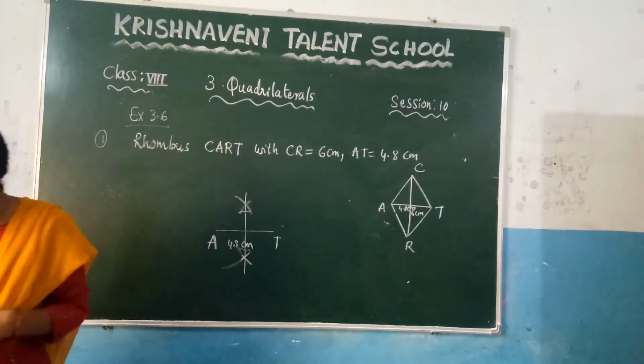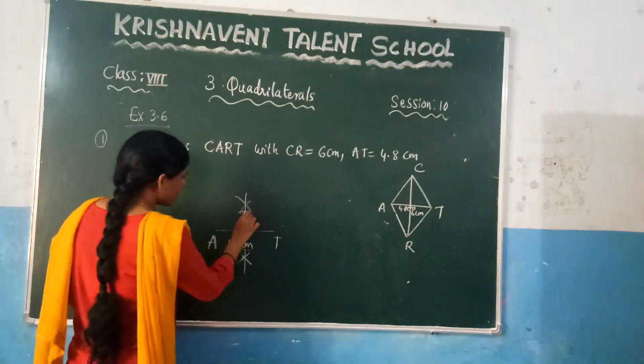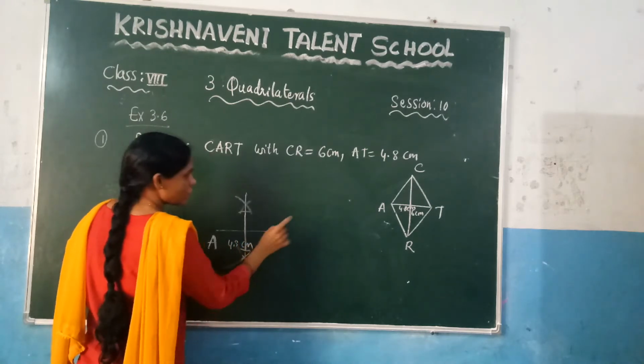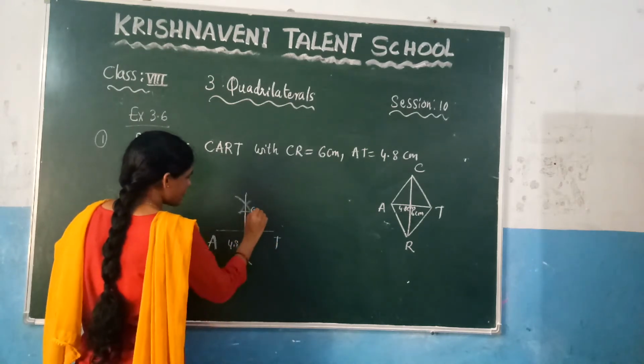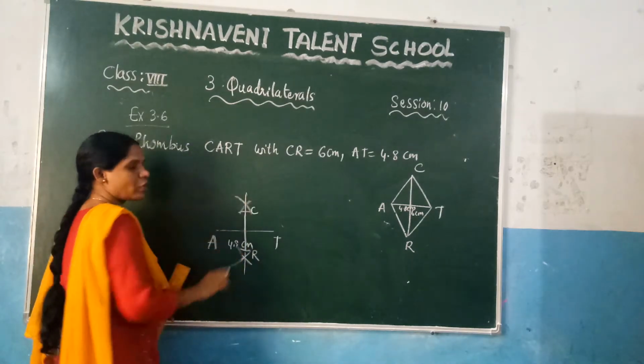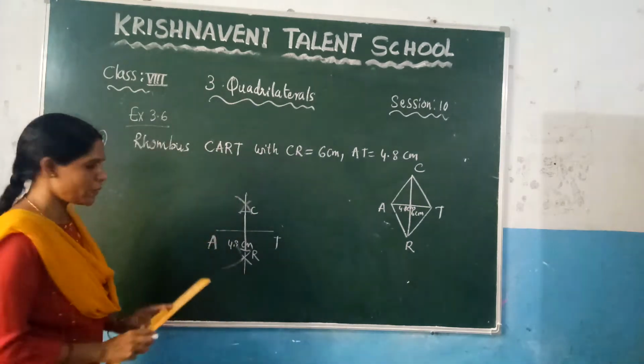Now here we have drawn this line segment, which is of length how much? Which is 6 centimeters. Let us mark this as 3 and this is R. The length of CR we have drawn here 6 centimeters, which is this is 3 and this is 3. The total will be 6.